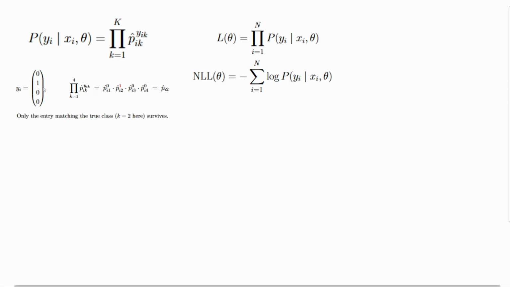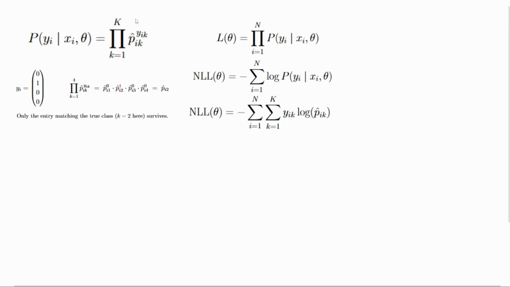Here's an example. We have 4 different classes. In this case, the true value for this ith observation is that it belongs to class number 2. And so the probability is, of course, the probability that it belongs to class 2.